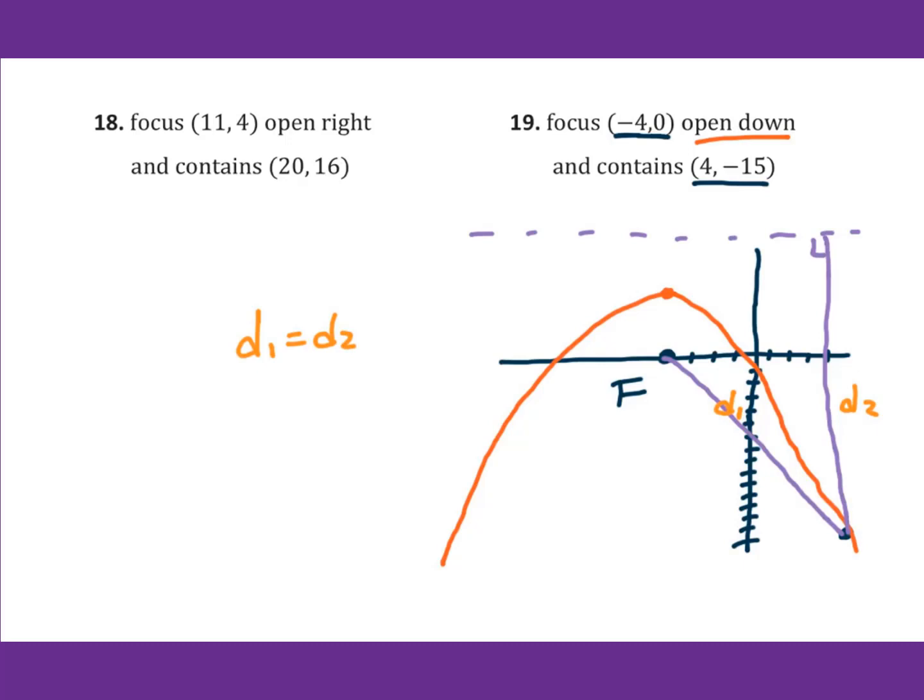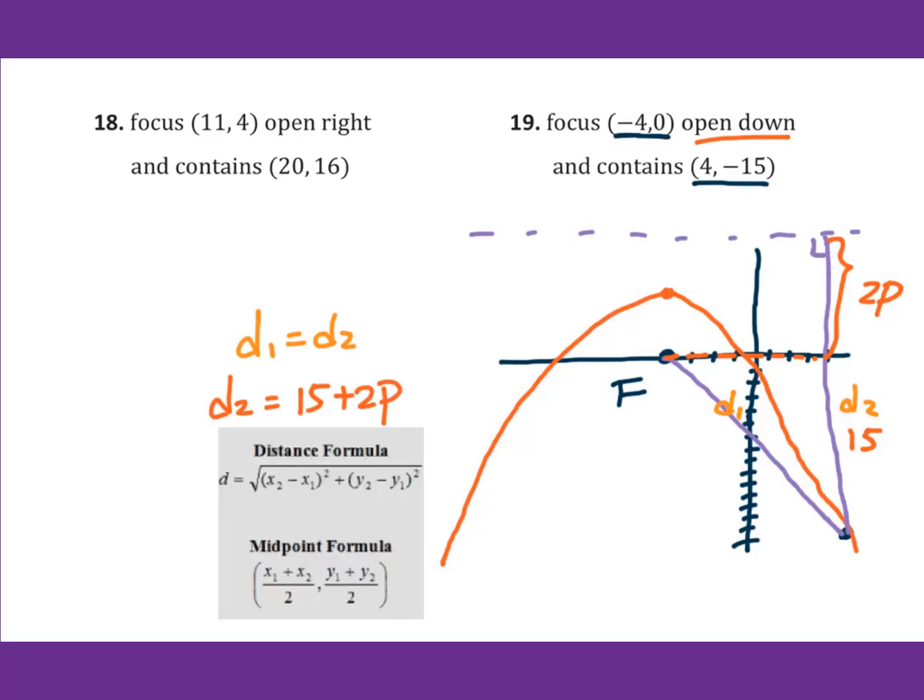Still, from this F, you draw the perpendicular line to this directrix. This will be 2p. This distance will be 15. So D2 equals 15 plus 2p. According to the distance formula, let's label here x1, y1, x2, y2.